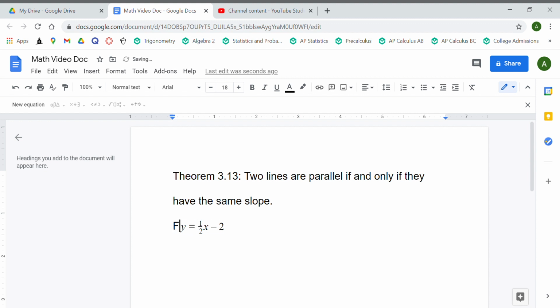Let's find the line that is parallel to y equals 1/2 x minus 2 and passes through the point (2, 0).